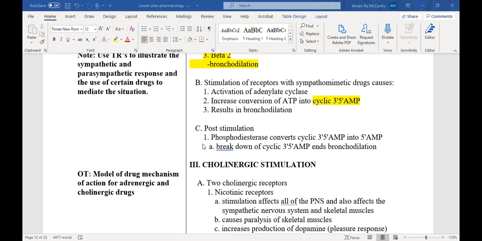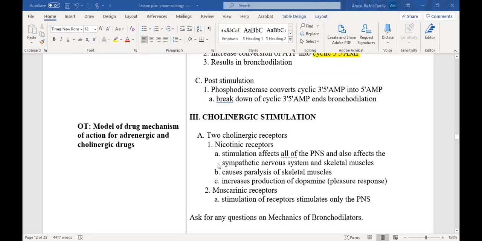Now, speaking of that, let me go right here, because I told you that sympathomimetic drugs will mimic the sympathetic nervous system, right? Sympathomimetic drugs mimic, but anything that is a lytic, it blocks. All right.